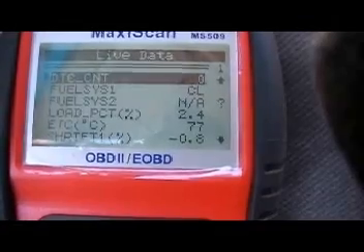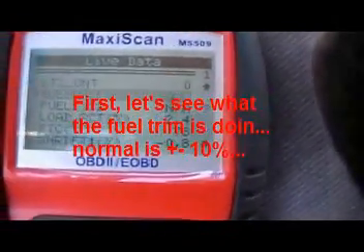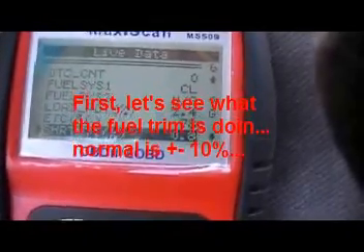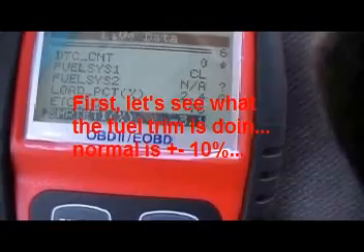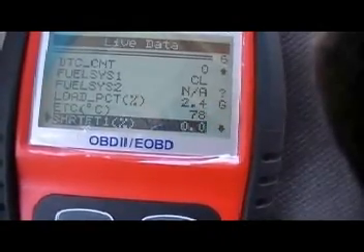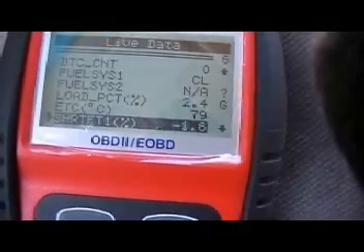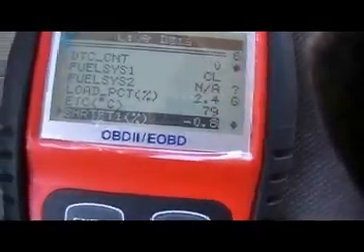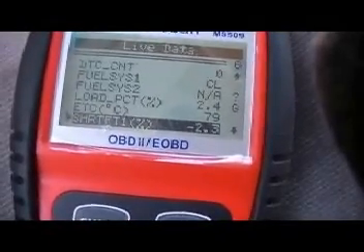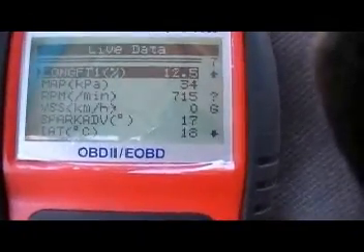So I'm gonna check first the short-term fuel trim. As I've given you before, the magic word here is 10%. It should not be higher than plus 10 or lower than minus 10%. You can see it here, it's about minus 2.8, minus 0.1, and we're pretty good.